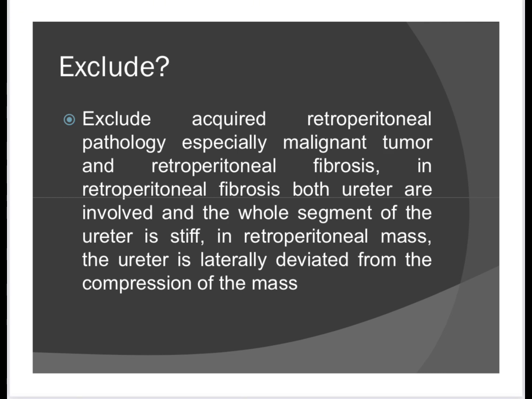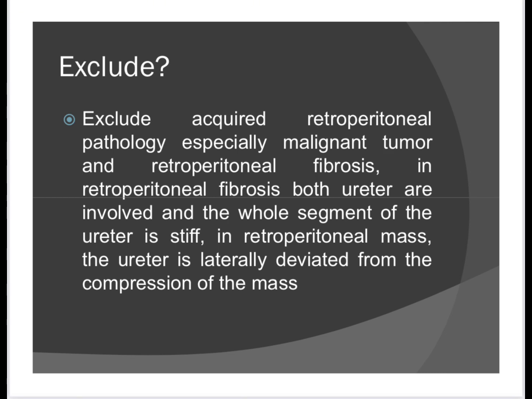In case of retroperitoneal fibrosis, one differentiating point is that both the ureters are involved, and the second important thing is that the whole segment of the ureter is stiff. In retroperitoneal fibrosis there is a medial deviation just like that of the retrocaval ureter, but the two differentiating points are that it involves both ureters, and second, that the whole length of the ureter is stiff.